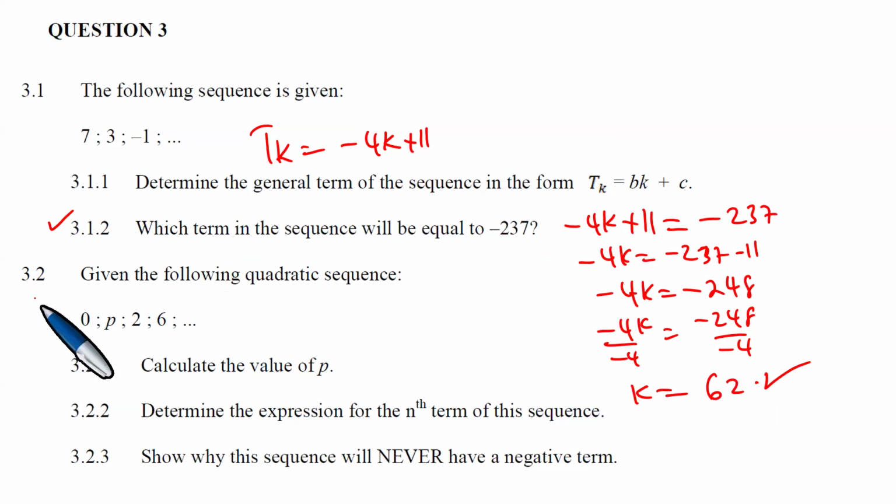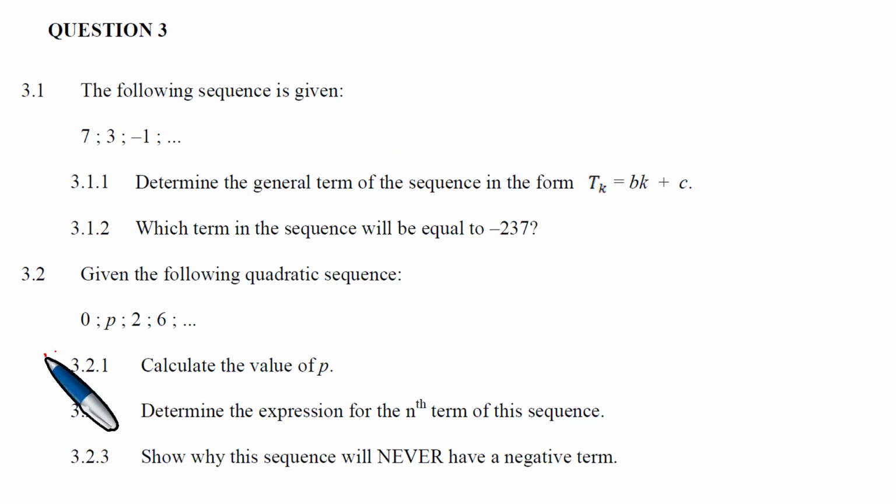Right, now in 3.2, given the following quadratic sequence, 0, p, 2, and 6, calculate the value of p. Okay, the quadratic sequence, what is the value of p? What is the first step here? What is the value of p here?